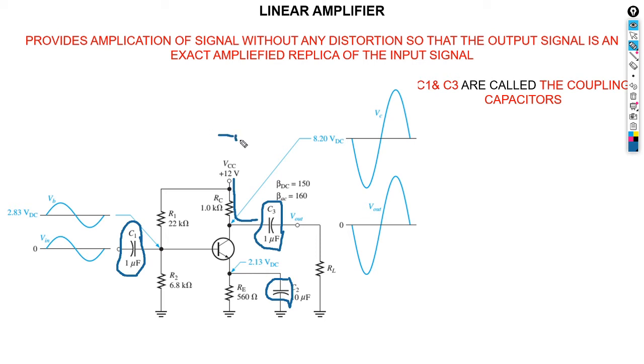There won't be any DC current flowing through it. That is the purpose of those three capacitors. Can you see? Capacitor 1 and capacitor 3 are called the coupling capacitors. Why? Because through these two capacitors, there won't be any DC current flowing. All the DC current, when it comes across these capacitors, won't flow. Even here, when it comes, there won't be any DC current flowing across those capacitors.